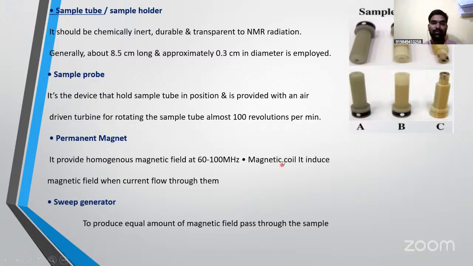Sweep generator is next. It produces an equal amount of magnetic field as it passes through the sample.